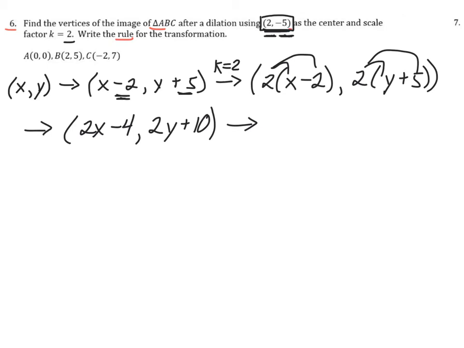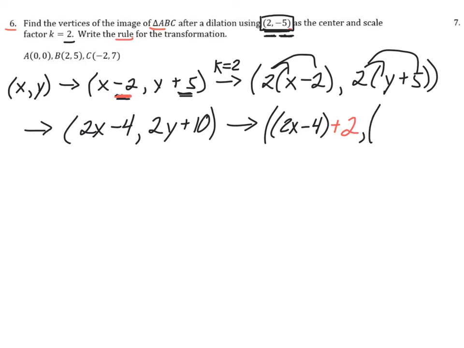So instead of subtracting 2 and adding 5, I'm going to do the complete opposite of that. Now I'm going to use some extra parentheses here. So it's going to be 2x minus 4, and then I'm going to write this in a different color just to show it. I'm adding 2. So once again, I'm doing the exact opposite of the translation I did initially.